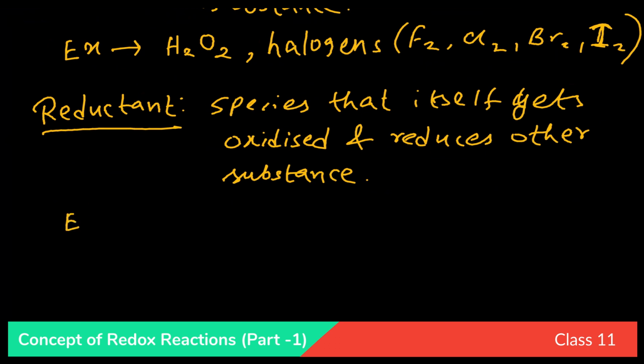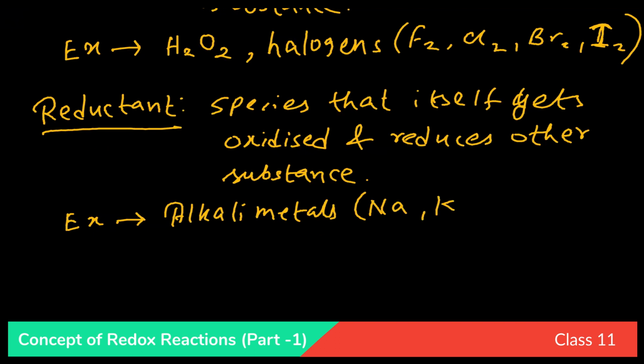Now their examples are many, such as all the alkali metals. Alkali metals are reductants. Alkali metals means sodium, potassium, rubidium, cesium, etc. The alkali metals have a strong tendency to lose electrons.